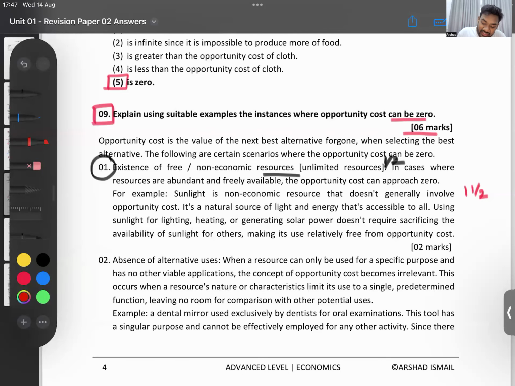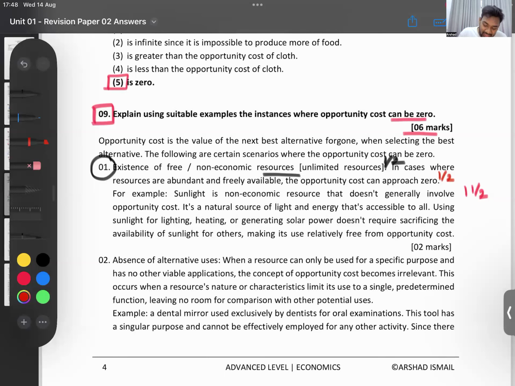In cases where resources are abundant, meaning they are freely available, opportunity cost is zero. So you get half a mark for that. For example, sunlight is a non-economic resource that doesn't generally involve an opportunity cost. It's a natural source of light and energy that is accessible to all.